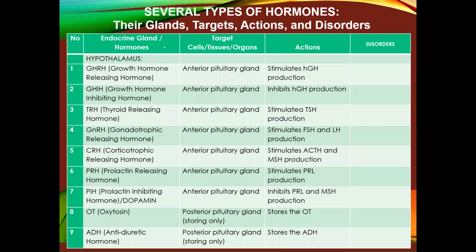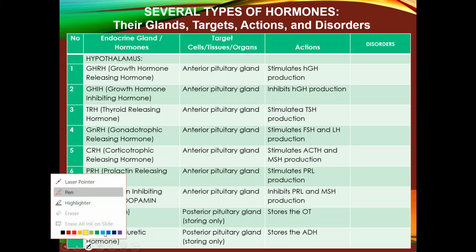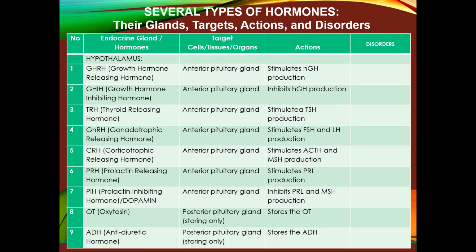Okay, so we start with the first gland, which is the hypothalamus. Just remember, this hypothalamus is actually part of the brain, and this is part of the nervous system. So the hypothalamus is part of the brain that controls the endocrine glands, the endocrine system.